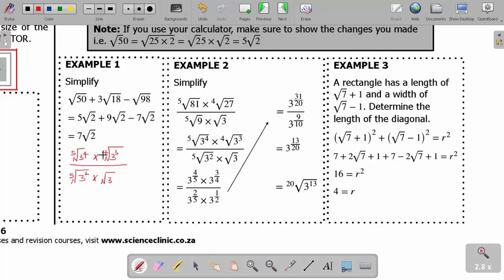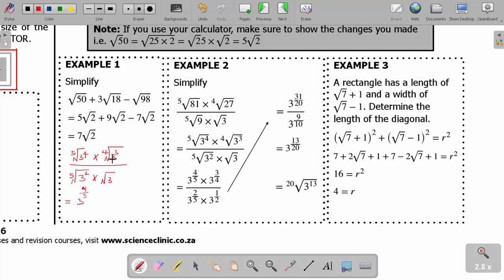The size here is 4, and the power is 3. So I'm going to have 3 to the power 4 over 5. Are we together? 4 over 5, because we said the size of the root becomes the denominator.